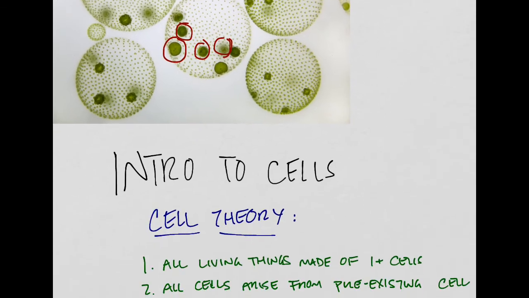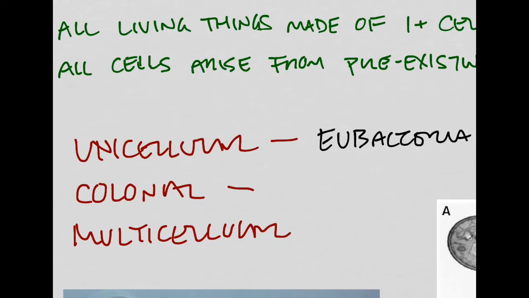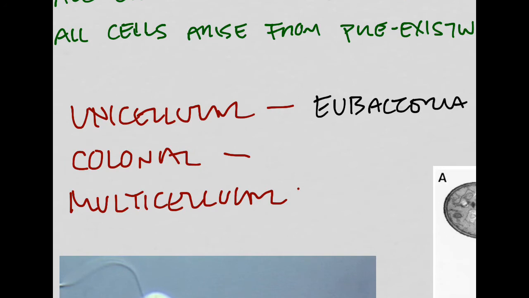Now, the difference here between a colonial thing versus multicellular is that in these colonial species, all the cells are exactly the same. Whereas in a multicellular organism, you have specialization. So, for example, I have liver cells and skin cells and retinal cells and all sorts of different cells.